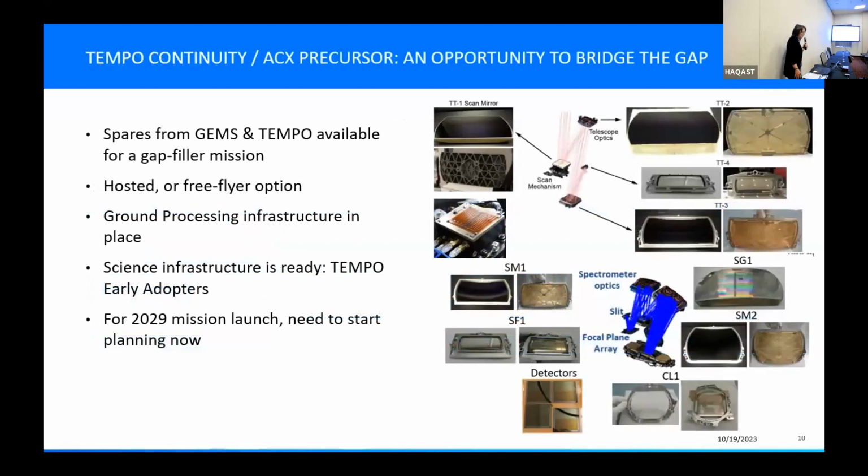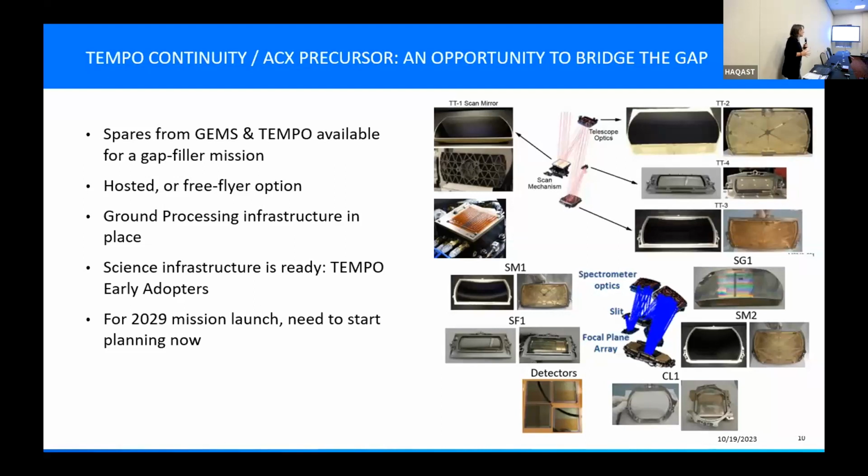Again, we think we're uniquely positioned, having built 2 of the 3 geostationary air quality instruments. We also have spares from the GEMS and TEMPO builds. So we do think it would be efficient to use some of these parts to build possibly either a continuity instrument or something to fill in one of these gaps.